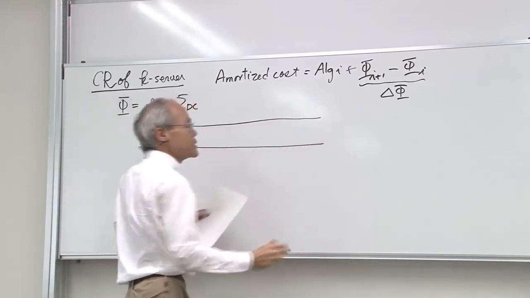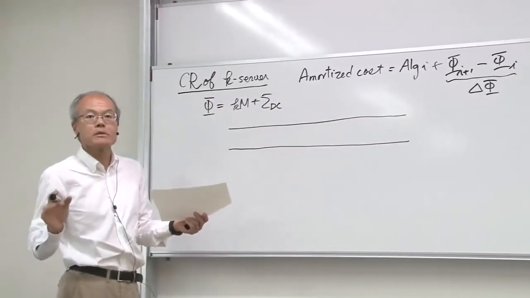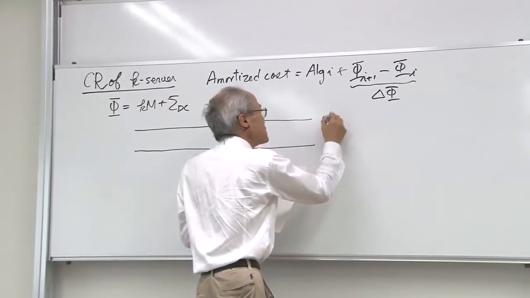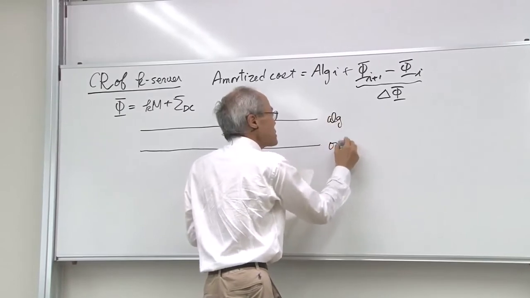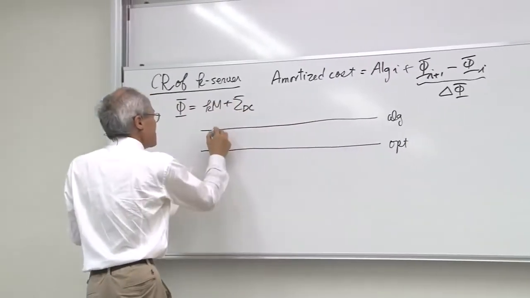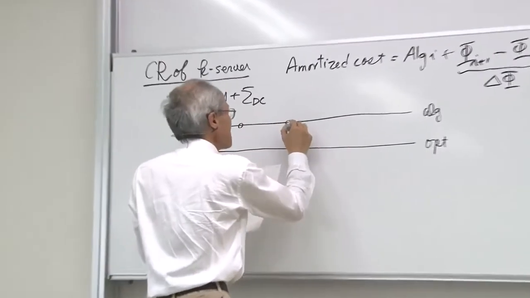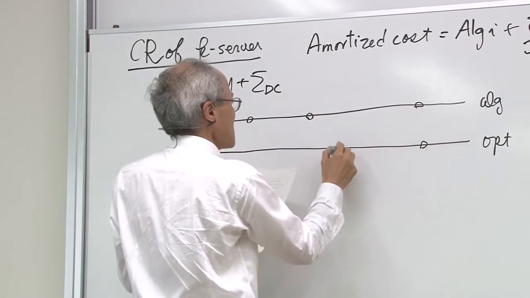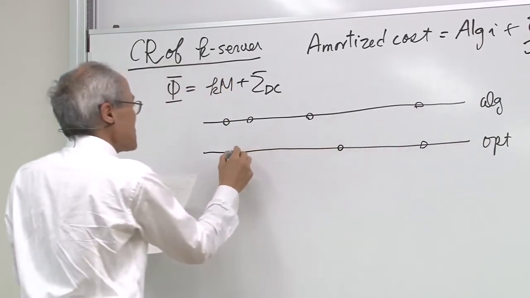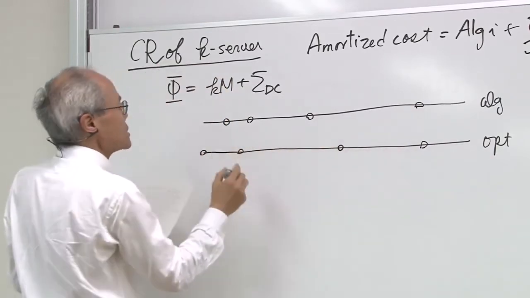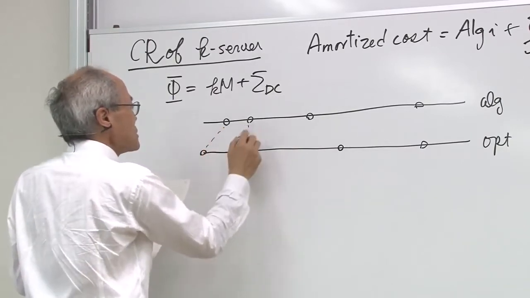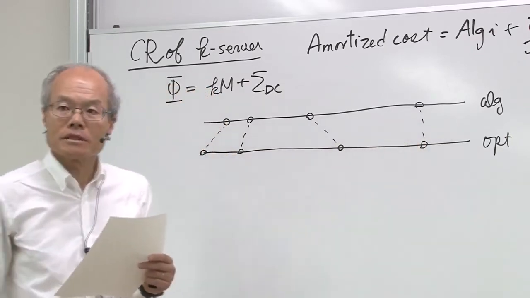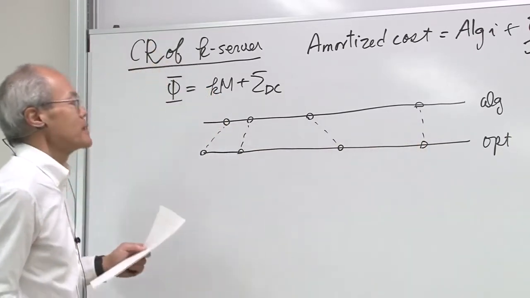So we have two configurations, two positions of servers. This is arg, and this is opt, and maybe something like this. So we consider a matching between arg servers and opt servers.